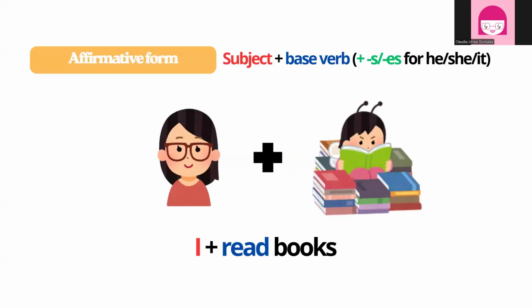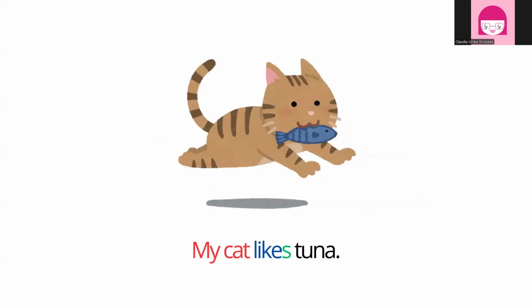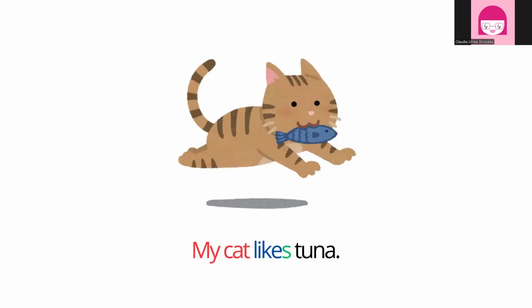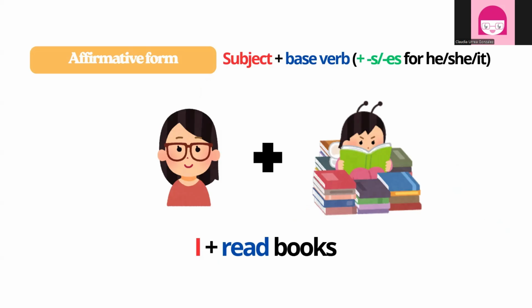So how can we make these statements? We need a subject. For example, my subject here. Can you tell me who it is? Yes, exactly, the cat. Then we have the base verb. What verb? Likes, right?